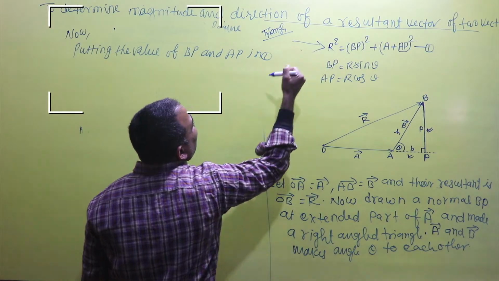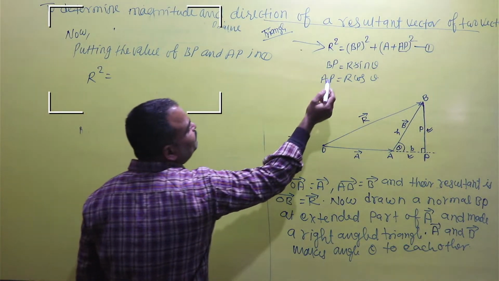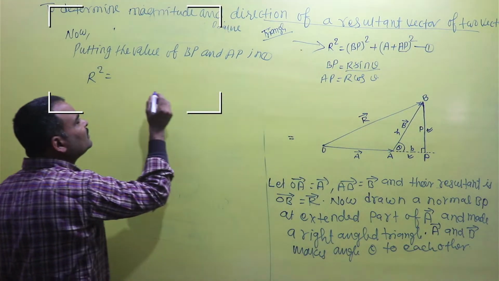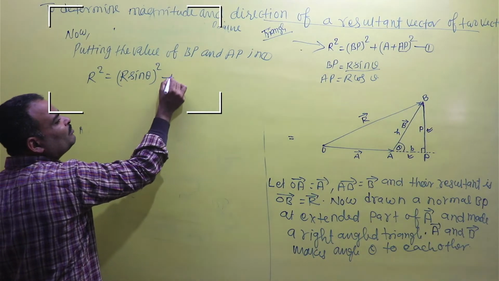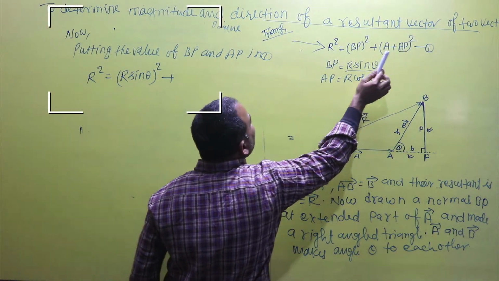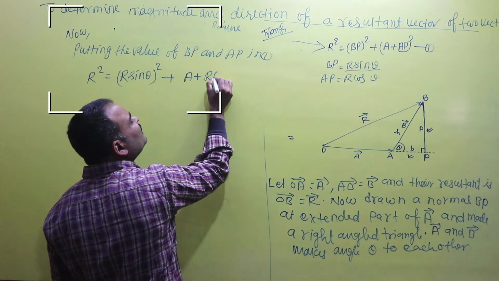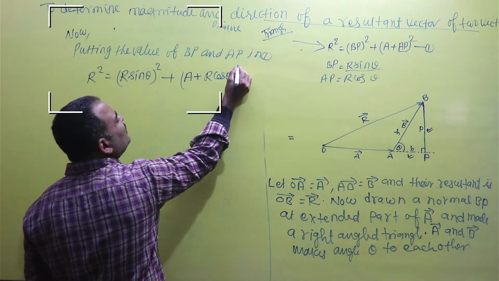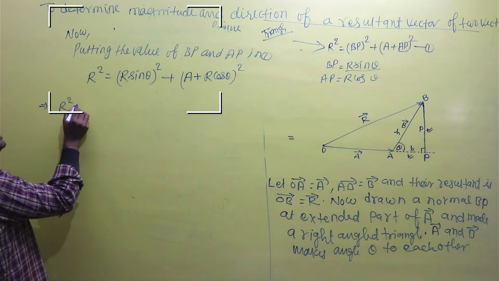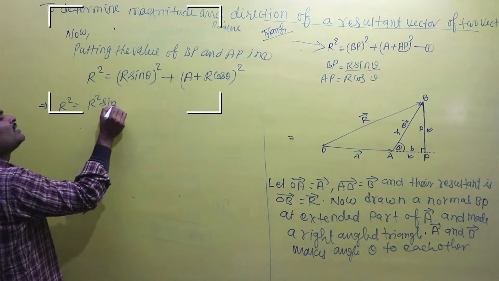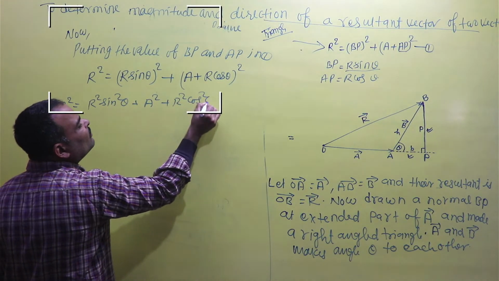Here is the equation first. R square is equal to BP square, means whole square of B sin theta, plus A plus AP, and AP is equal to B cos theta, whole square of B cos theta.